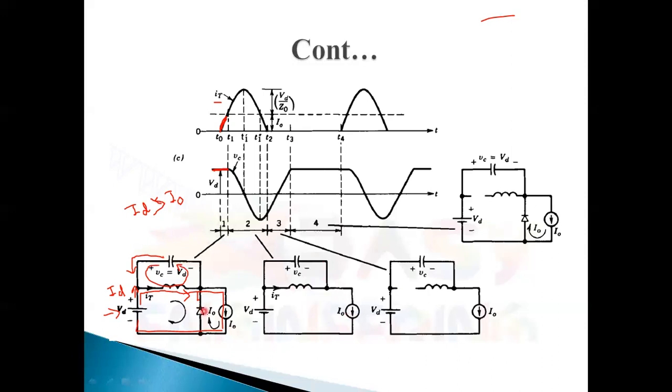In first mode, this I0 is greater than ID, so the diode is on in this mode. But after that the energy of the source voltage is higher than the energy of this current source, so the diode is off.